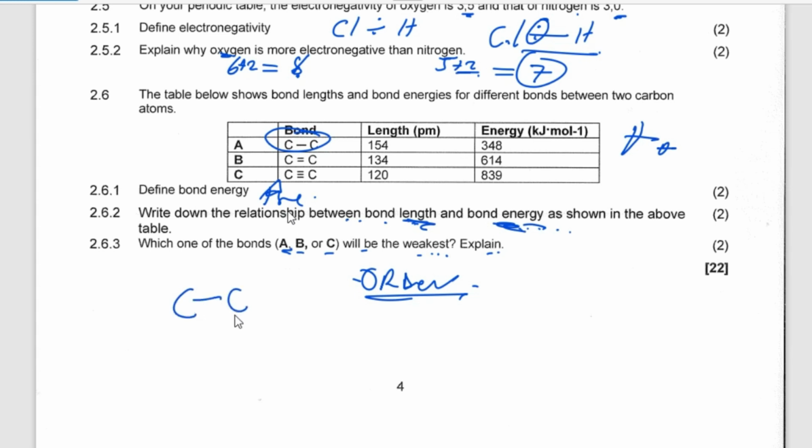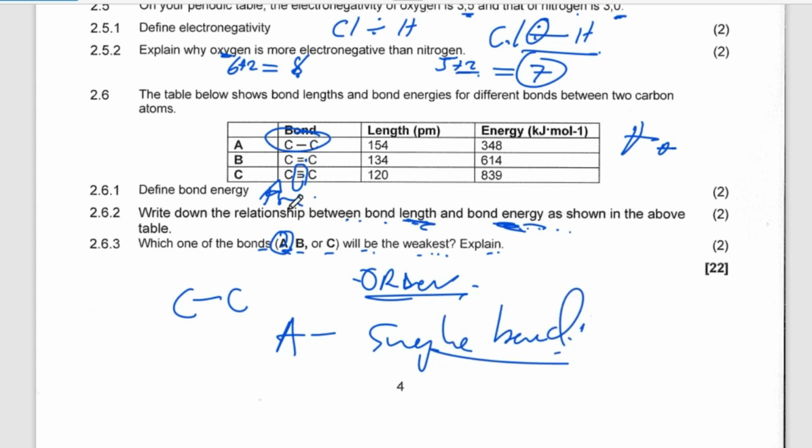Atoms with 1 bond, or a single bond, have longer bonds, and these bonds are weaker compared to atoms which have multiple bonds or double bonds. So this one is weaker than this one, which is weaker than this. Hence, the weakest is A. So the answer must be A, because it is a single bond. That's it.